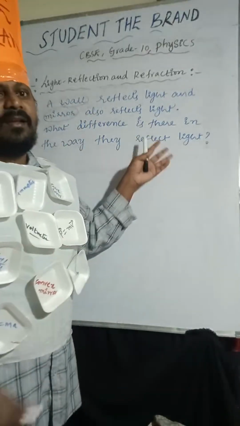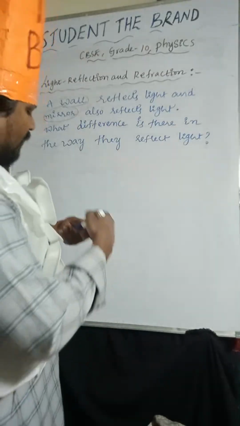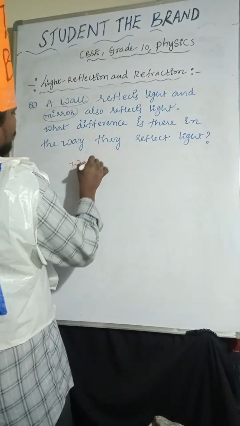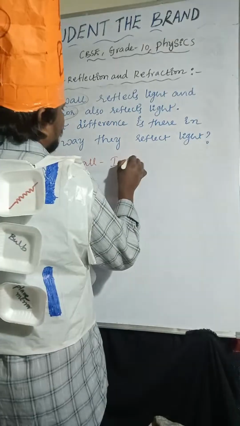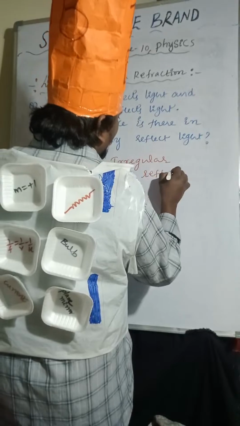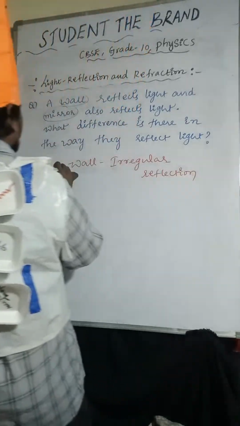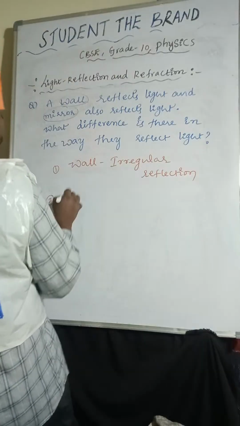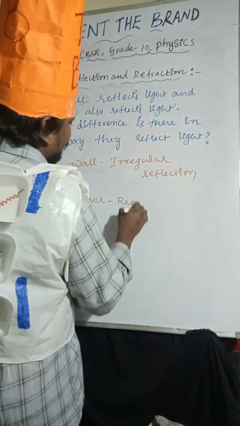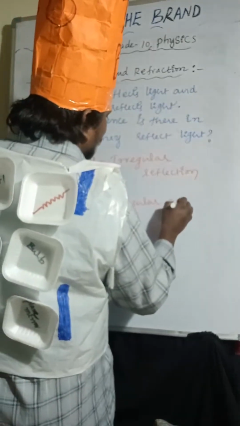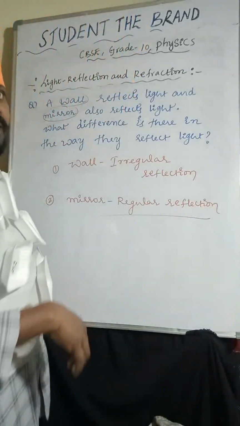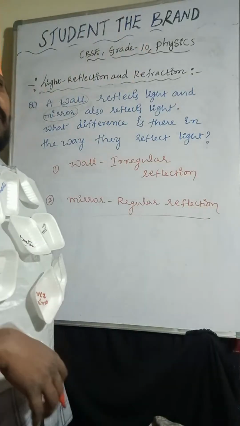On the wall, irregular reflection takes place.